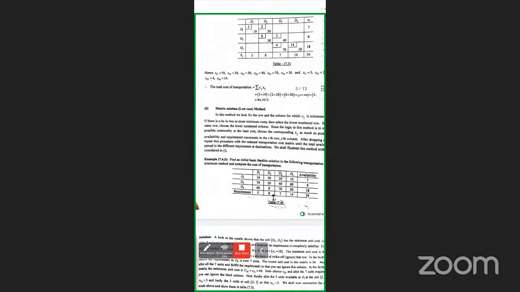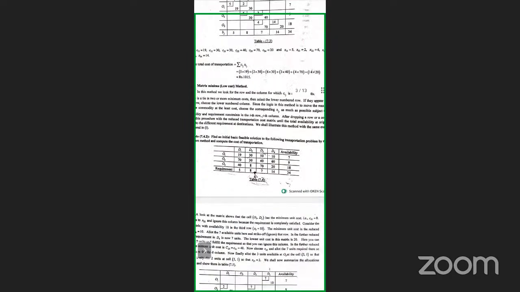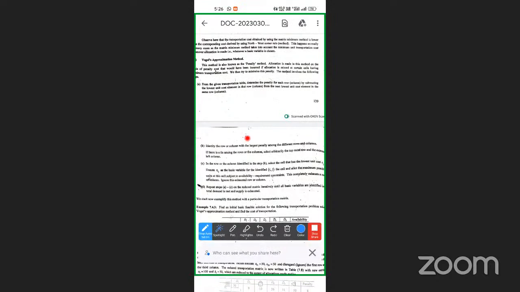We'll explain in the next class. Penalty method, or VAM method, or Vogel's approximation method. You can see the steps.